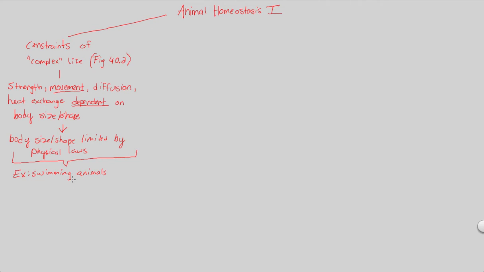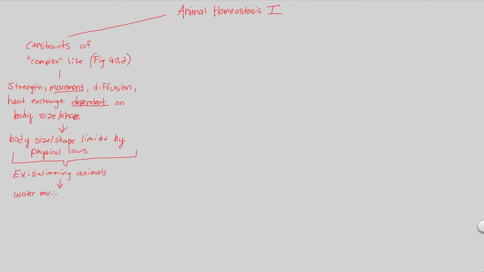Remember I mentioned movement up here? This is a movement that will be dependent on body size and shape. It will be constrained by body size and shape, and it will be limited by physical laws, as we'll see in just a moment. Take for example, the fact that swimming animals must be in, of course, a water environment.